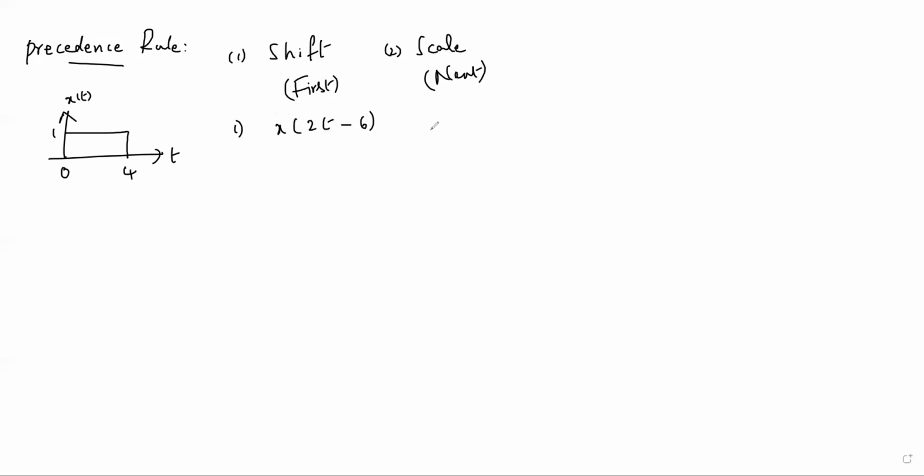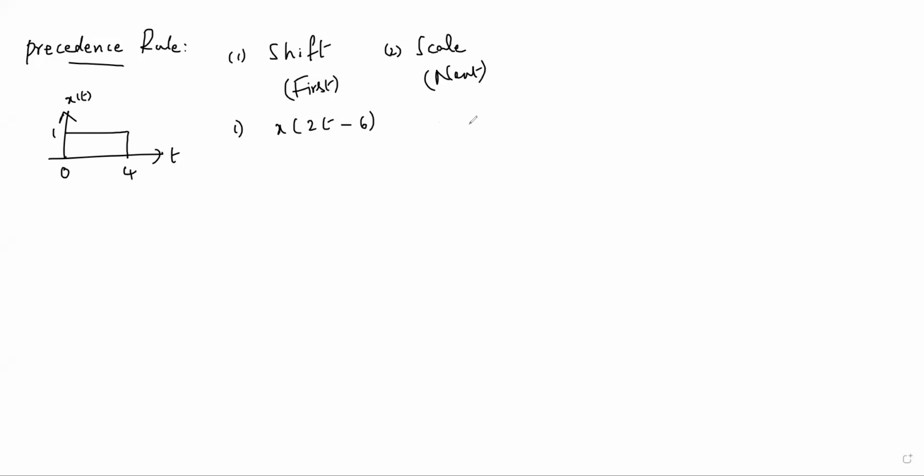Here x of 2t minus 6 has two kinds of operations on the independent variable, shifting and scaling. So the discussion is which one should be performed first. According to the precedence rule, shifting is first, as I said. Anyway, we should be familiar with all kinds of operations and notations.